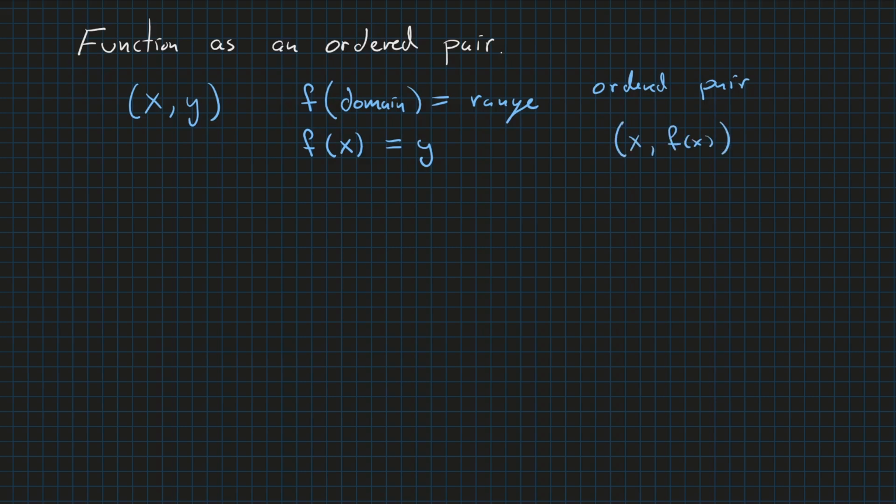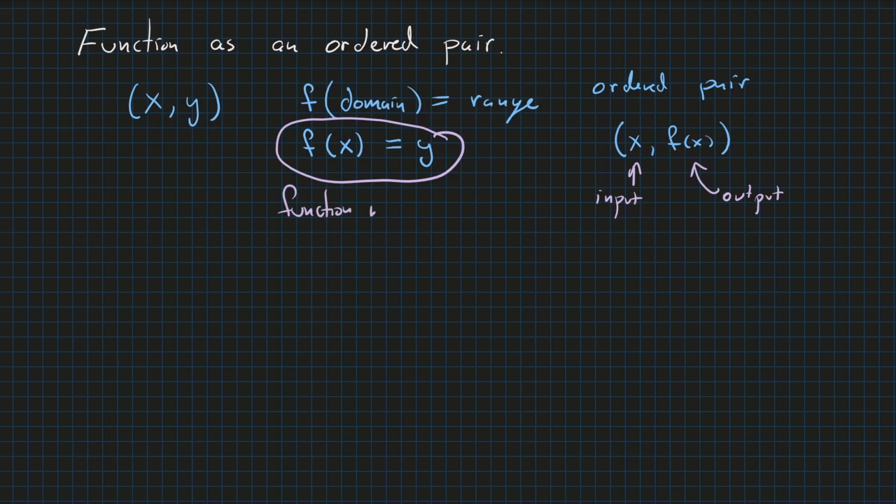This reinforces the idea that x is the input, and f of x is now your output. Commonly you'll see f of x is equal to y. That means this is a function in function notation, assigning the input x to the output y. So f is a function taking x to y.